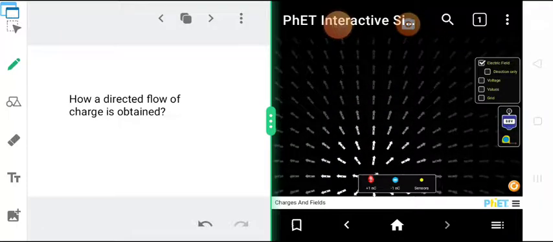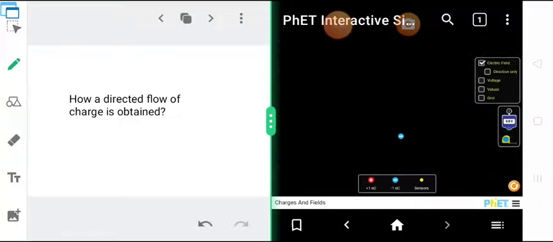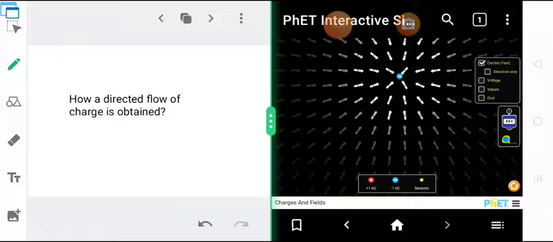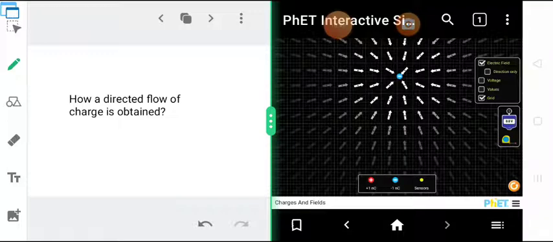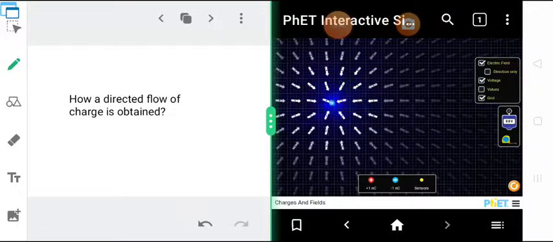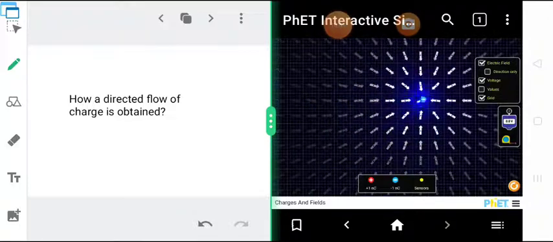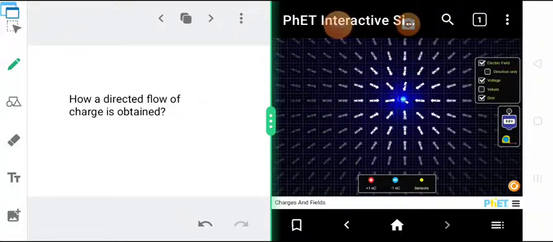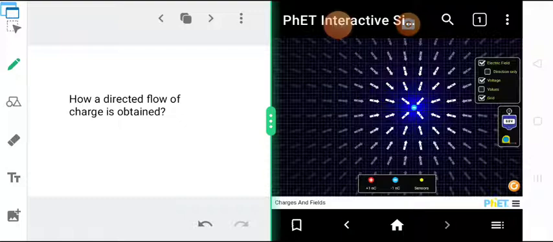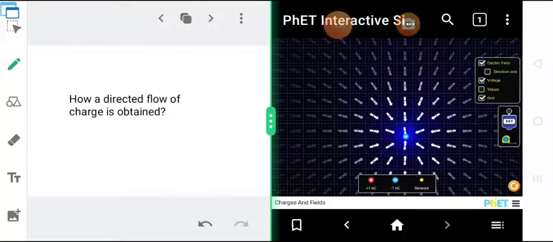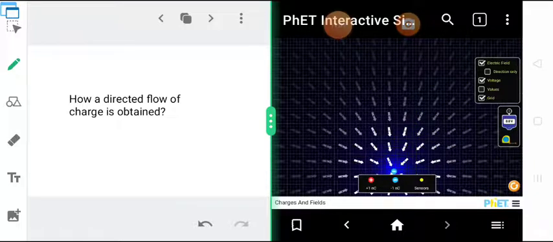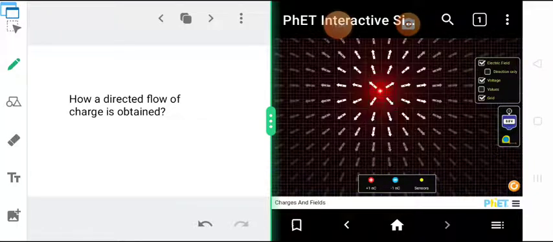If I substitute this positive charge with a negative charge, a similar zone of influence will be created. The difference is the direction in which the force is applied: in case of a negative charge the arrows are directed towards the charge, while in case of a positive charge the arrows are directed away.